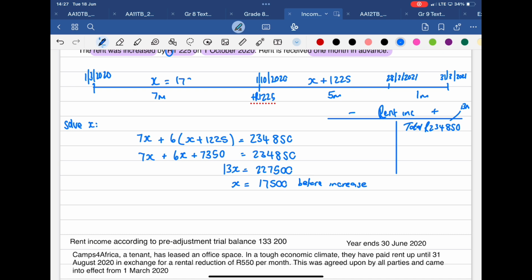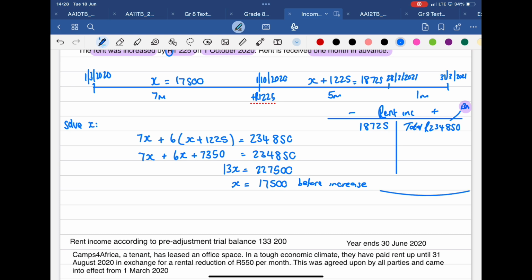So we just calculated the monthly amount before the increase took place, which means after the increase of 1,225, we would have received 18,725 every month from October onwards. Therefore, the month we've received extra, March, would be 18,725.